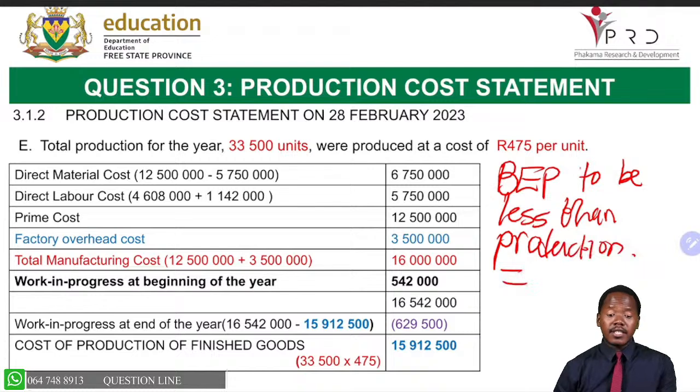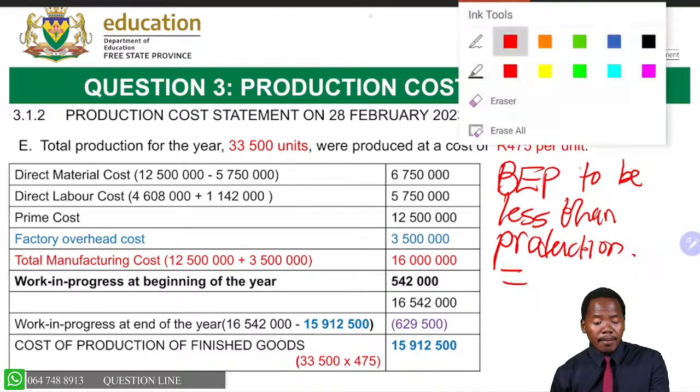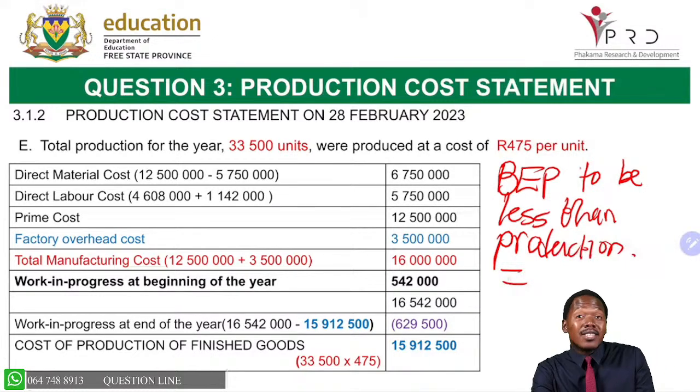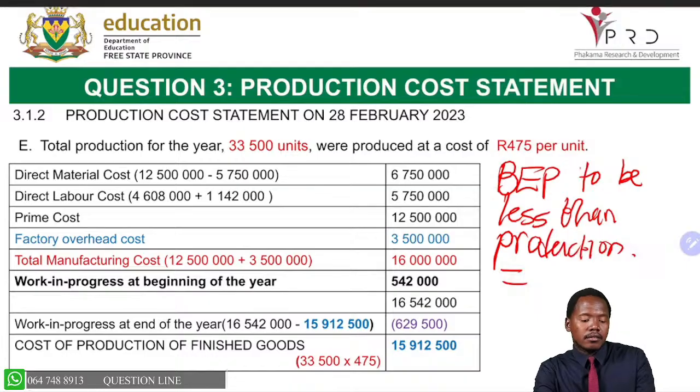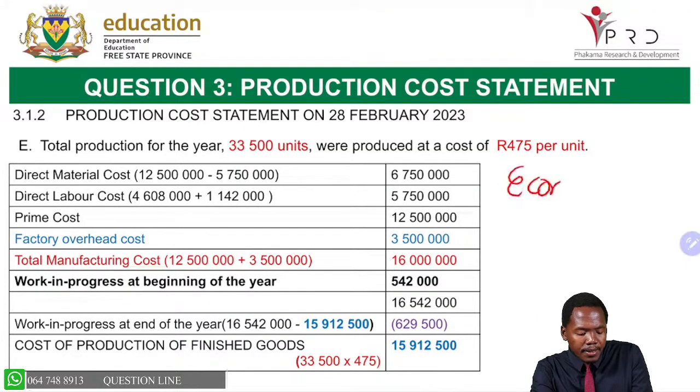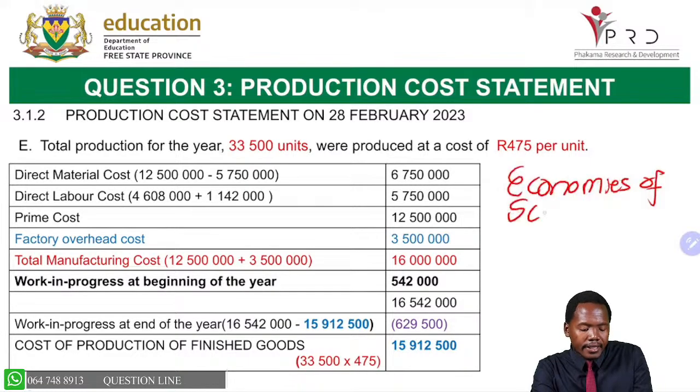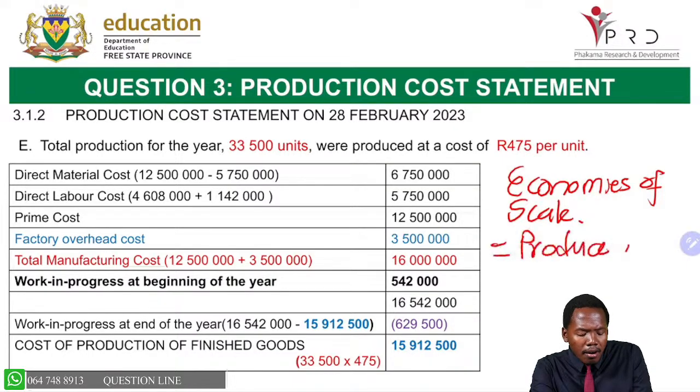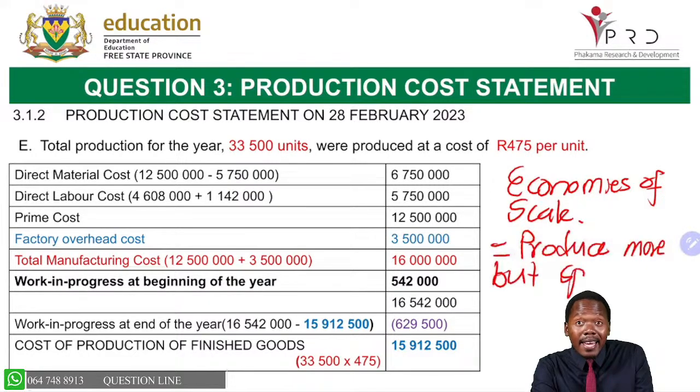Now, apart from this, you need to understand the concept of economies of scale. We have this concept, economies of scale. Now, what is economies of scale? This is when we produce more but spend less.